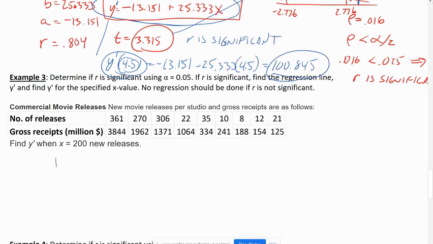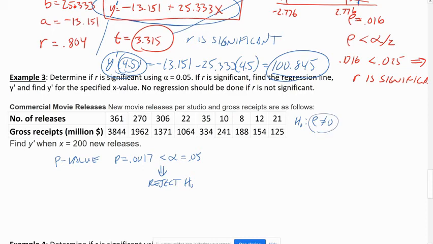And so since the p-value here turned out to be p equals 0.0017, and that is less than alpha, which is 0.05, this is enough to tell us to reject H0. H0 would be that rho is not equal to 0.